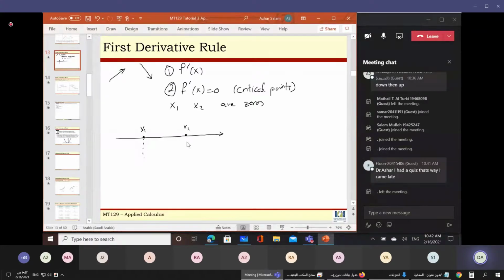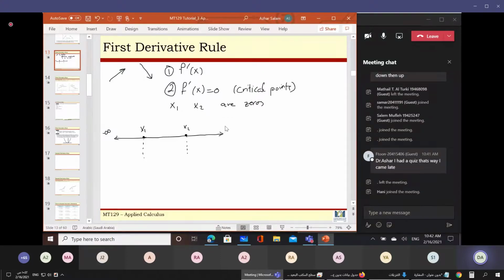Then I test the function at these intervals. Notice here, I have the interval from minus infinity until x1, from x1 until x2, then from x2 until infinity. So I have 3 intervals. I test the sign of f dash, okay? I locate these intervals using the critical points.